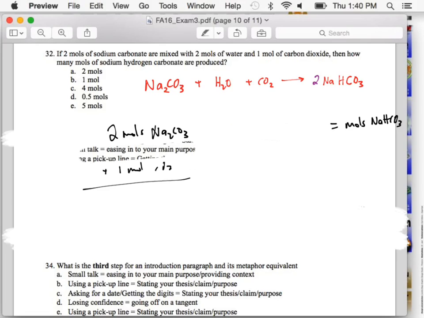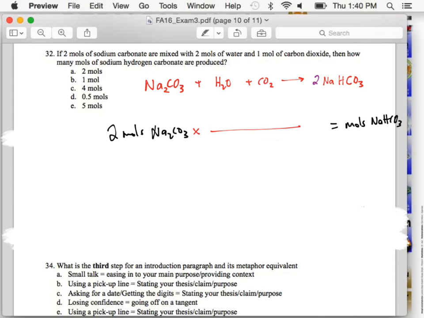So what we have to do is convert our moles of sodium carbonate into moles of sodium hydrogen carbonate.